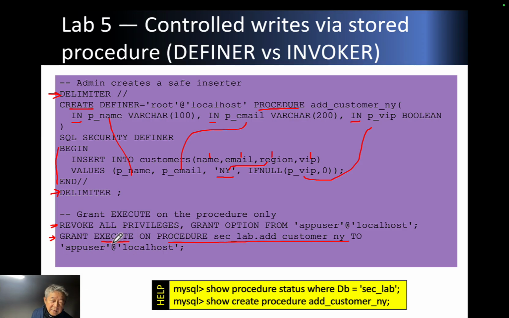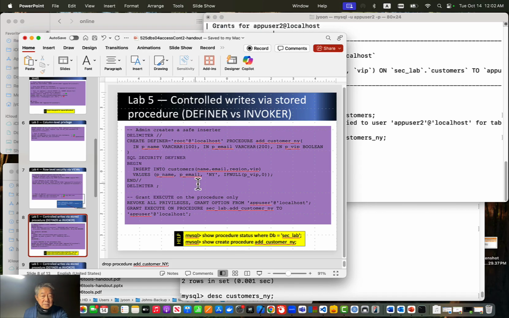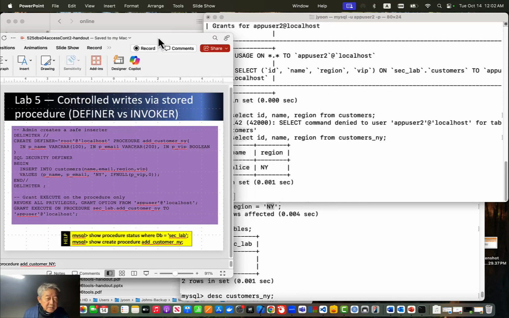So the execute action can be applied to this object. Who is the subject? The subject is this, app user 2, also app user 2.